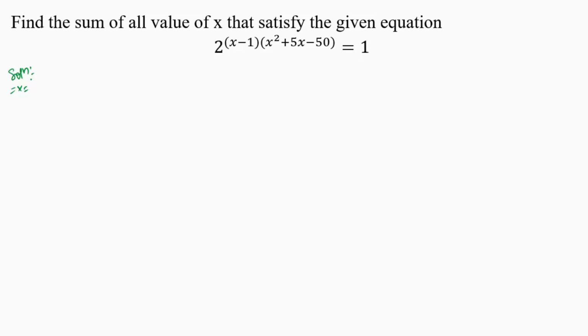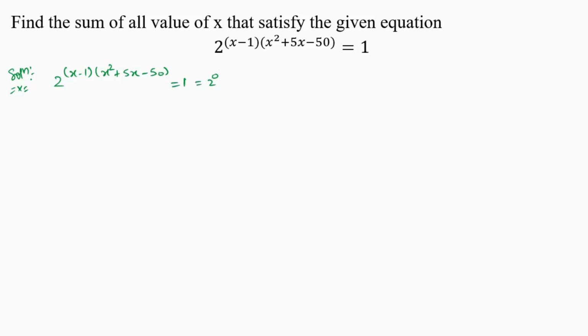Today we are going to solve a very interesting exponential problem in which we have to find the sum of all values of x that satisfy the given equation. So we have 2 raised to power (x minus 1) times (x squared plus 5x minus 50) equals 1, and this 1 can be written as 2 raised to power 0.